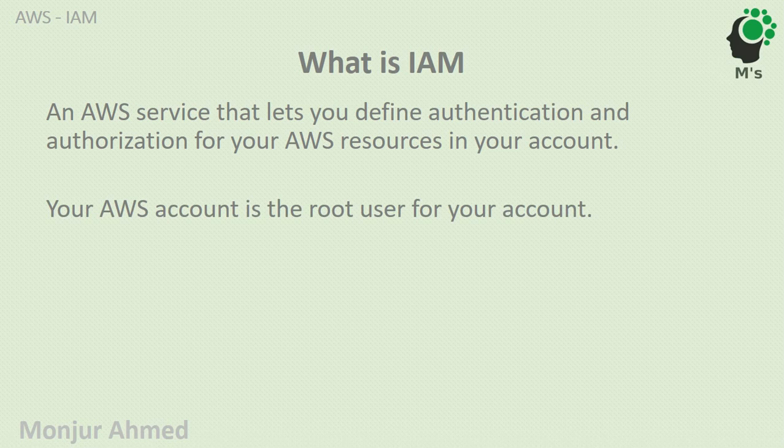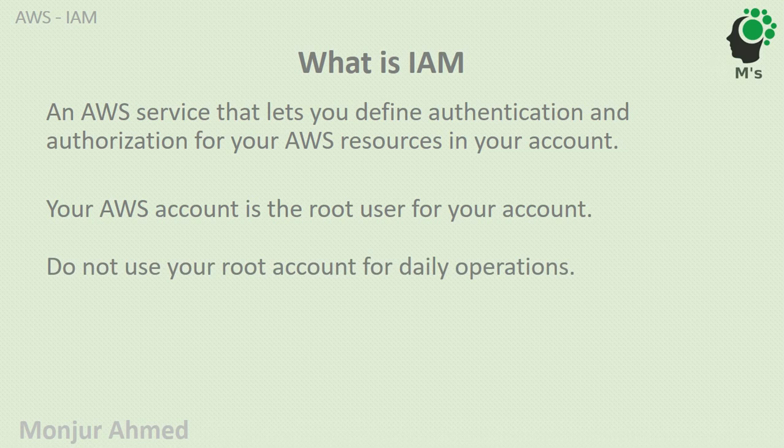And the AWS account that you create and you log in to the AWS console by using your email and password is actually the root user for your account, which when you log in, you can do just anything. You can do everything with your resources. That is why when you log into your AWS account using email and password, that is actually your root account.